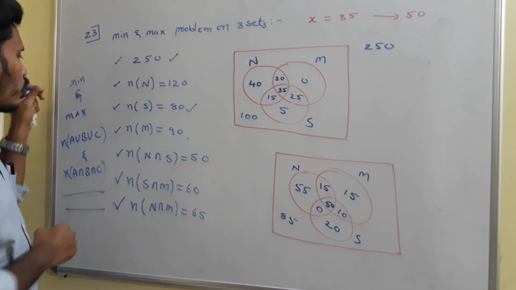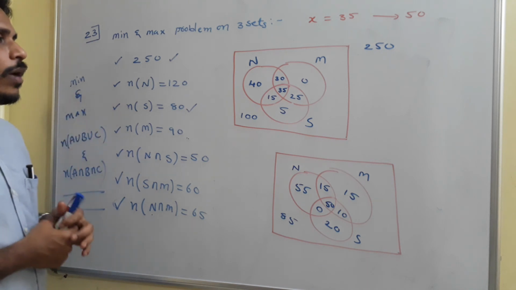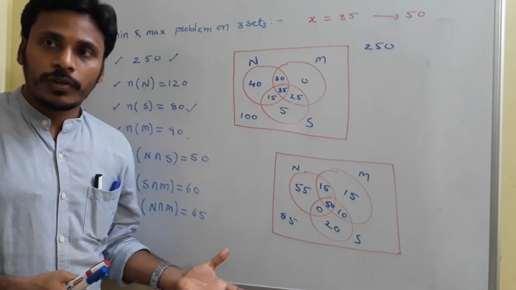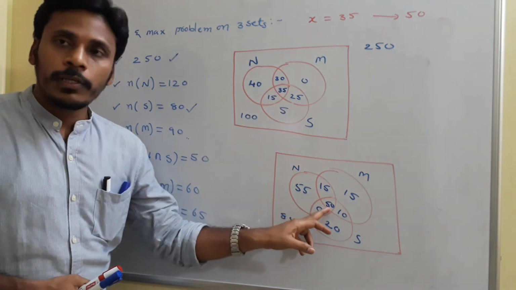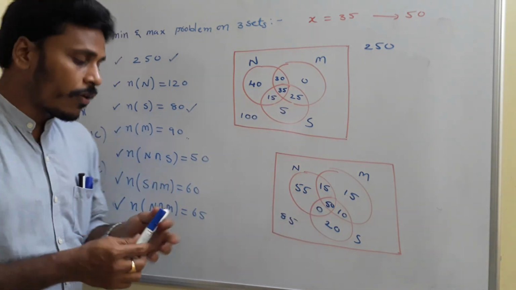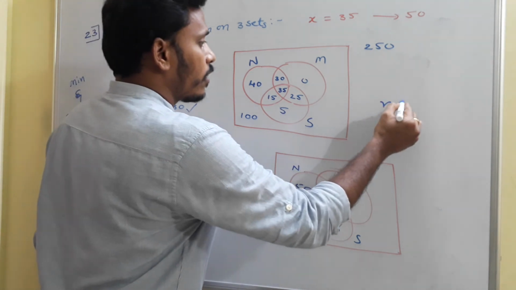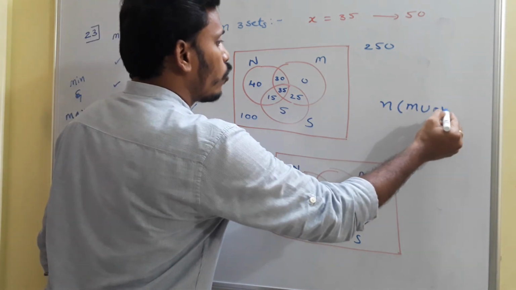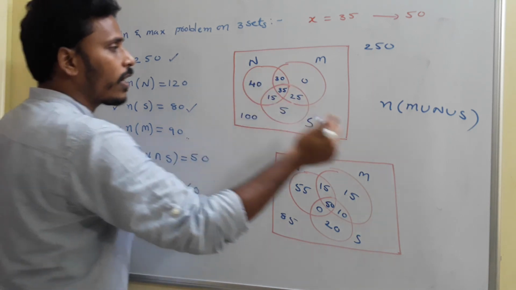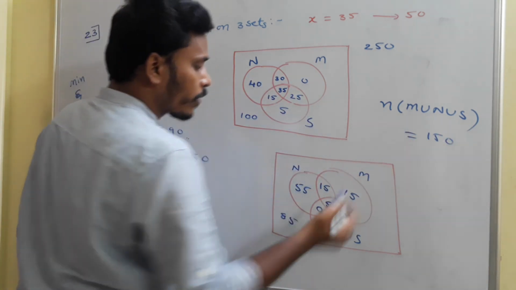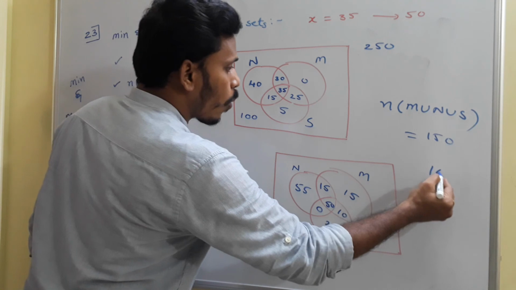Now the question is about finding the minimum and maximum possible values of the intersection as well as of the union. For the intersection, the minimum is 35 and the maximum is 50. Whereas for n of M union N union S, in this diagram 100 is outside, so that union contains 150 numbers. Whereas here that union contains 165.